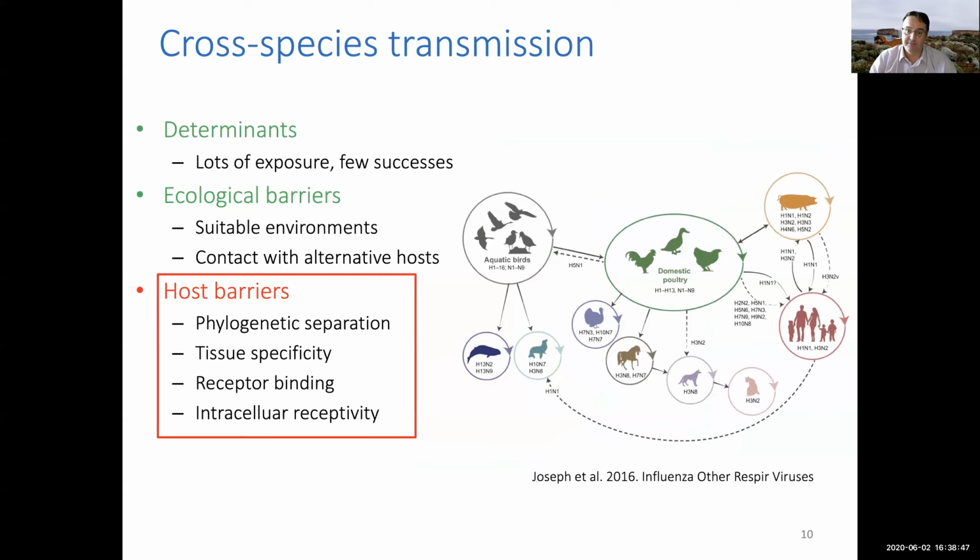It affects the polymerase activity at different temperatures, because the upper respiratory tract of the human is relatively cooler than the lower respiratory tract, but it's also a different temperature to the replication site in chicken, which is often where the influenza viruses that infect humans come from, chicken populations.